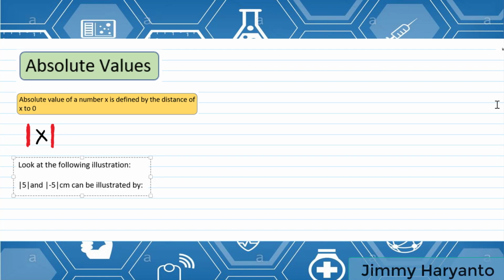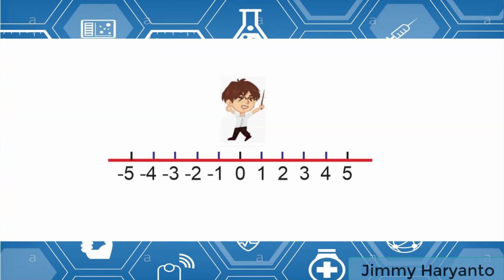Absolute value of 5 and absolute value of negative 5 centimeter can be illustrated by this picture. We have a man standing on the 0 number, which means the original position.